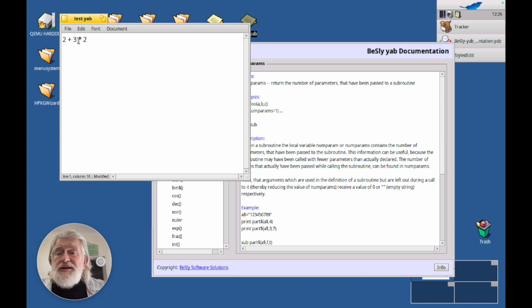Right? Not from left to right. There's a rule that says this comes first. And that's just the normal sort of rule that you always follow in mathematics. But there's a little trick. If your calculation gets a lot longer than that, then of course you just put it in brackets, because whatever is in brackets comes before anything else.